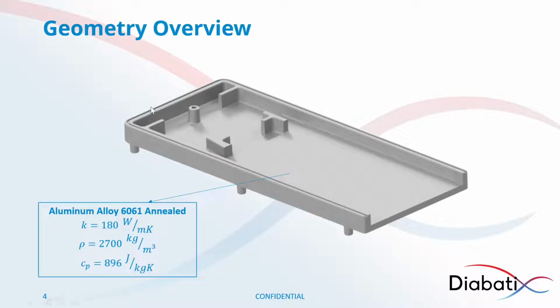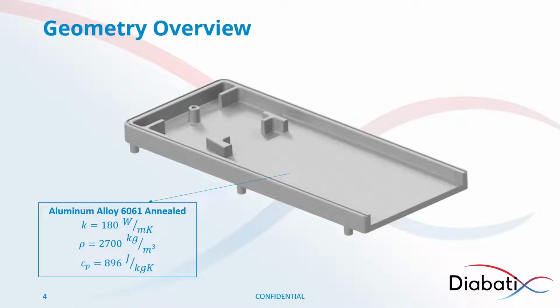This solid region uses an aluminium alloy with a conductivity of 180 watt per meter Kelvin. The other material properties include the density, which is about 2,700 kilograms per meter cubed, and the specific heat, which is around 896 joules per kilogram Kelvin.